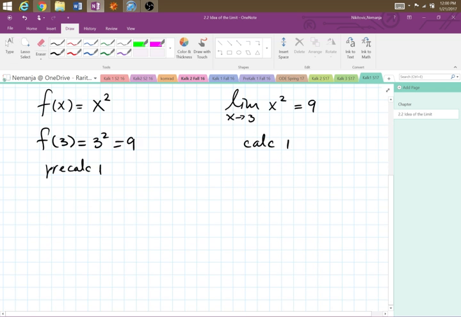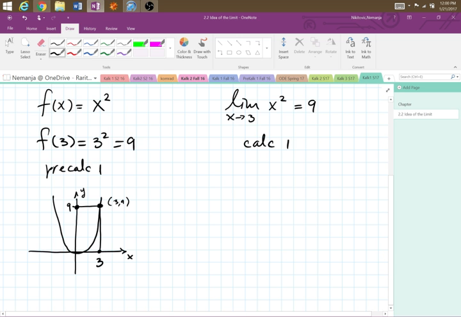Now, when you look at the graph for the pre-calc situation, you have number 3. The way you do this is you are at 3, you go up, wherever you hit the function, you go towards the y-axis, and whatever number it hits is the answer, making this point 3, 9.